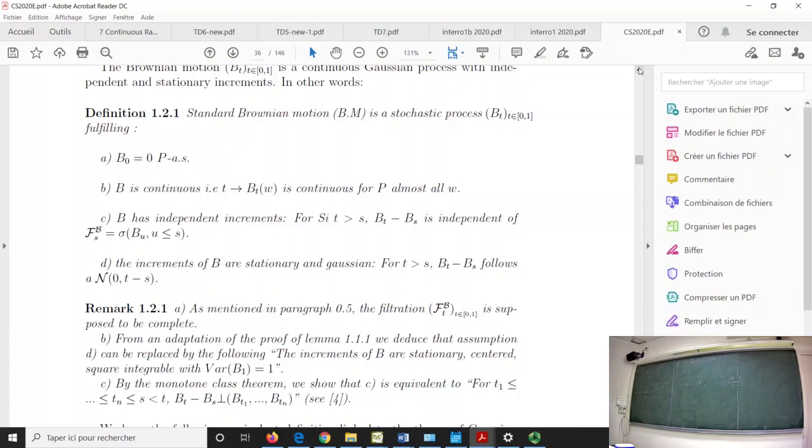What is the expectation and what is the variance? If I am interested in the expectation, it's the expectation of Bt minus Bs. It's just Mt minus Ms that is equal to 0. So I know that I have a 0 here. And then the variance.